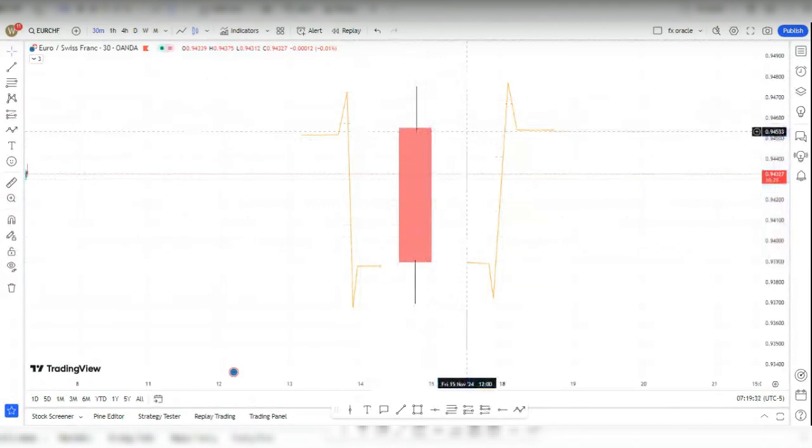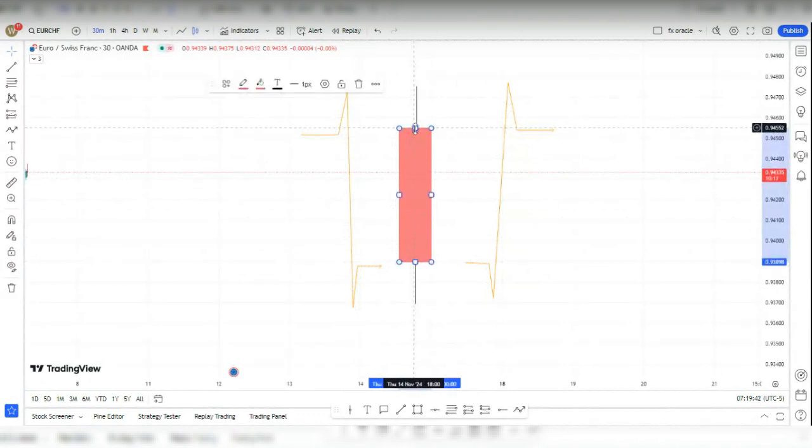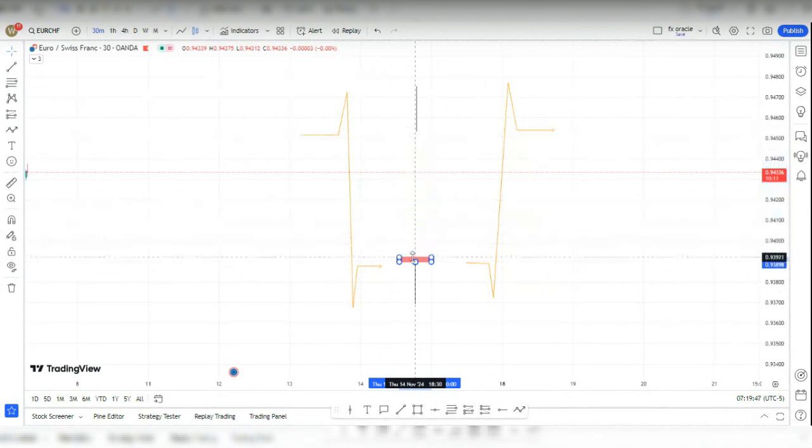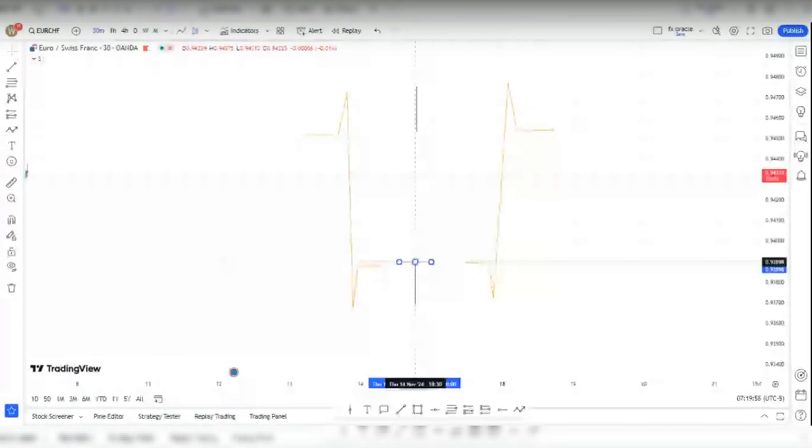So the same thing happens to the buy. If this candle was supposed to be a bullish candle, it will open below. Once the candle opens, you may not know whether it's going to be bullish or bearish. That's why it's always advisable to wait for a candle to close before you take any decision.